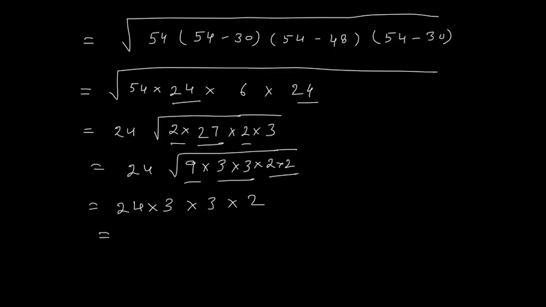So 3 into 3 is 9, 9 into 2 is 18. So 24 multiplied by 18 is 432 meter square. This is the area of one triangle.